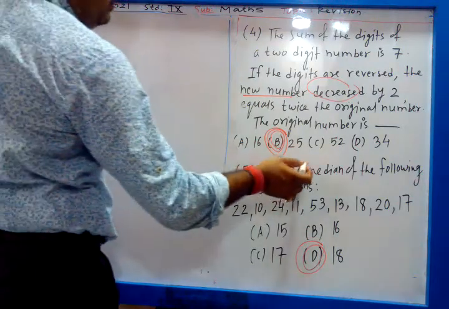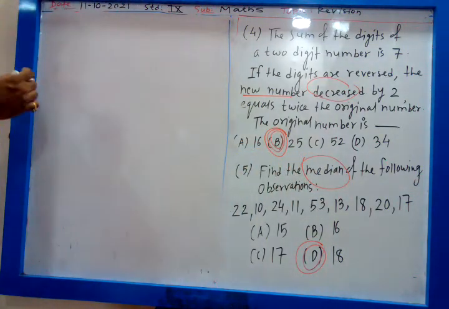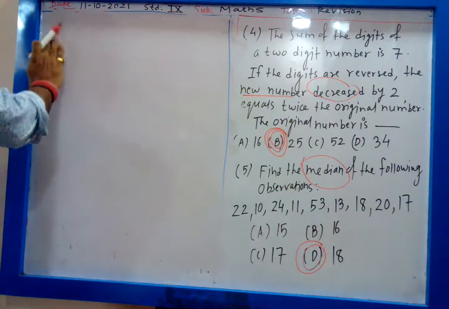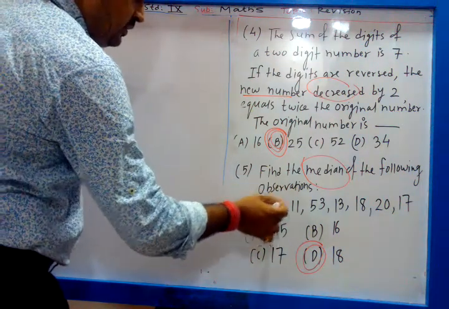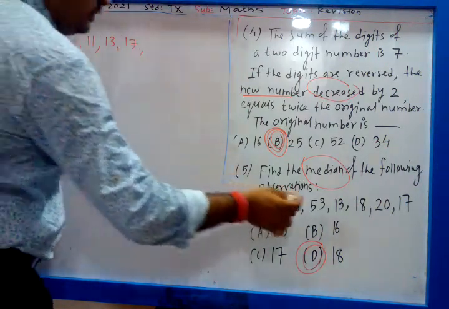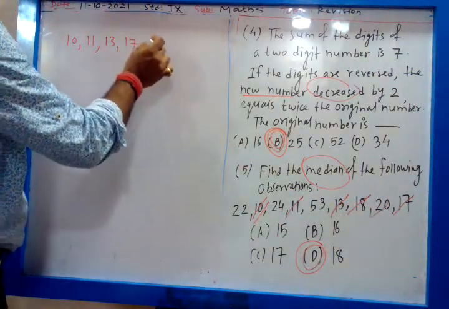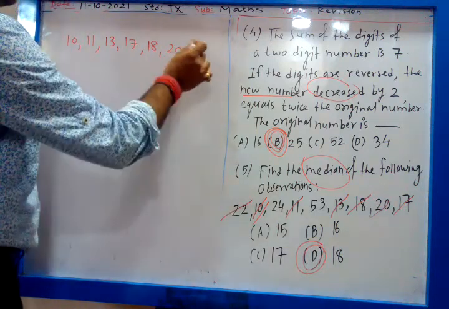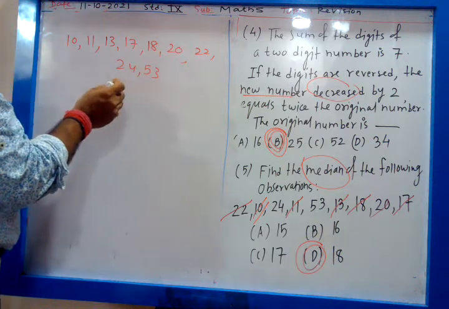Whenever it is asked to find the median, first you arrange the data in ascending order. So 10, 11, 13, 17, 18, 20, 22, 24, 53. How many data points are given? 9.